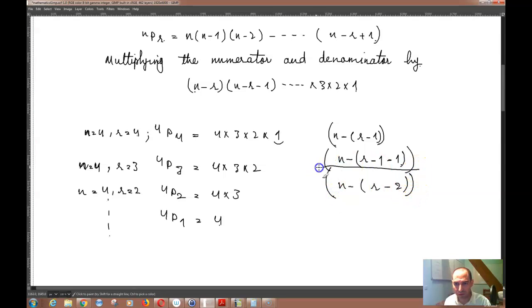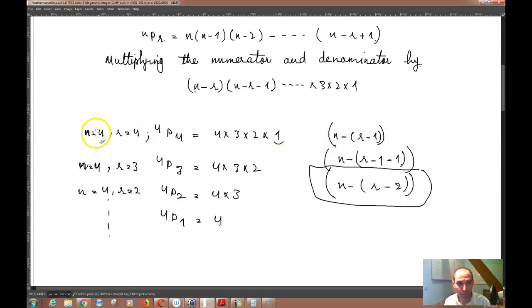Now if I use this expression here, so in this case, for example, n minus r minus 1 would be, so basically r minus 1 here is equal to 3.